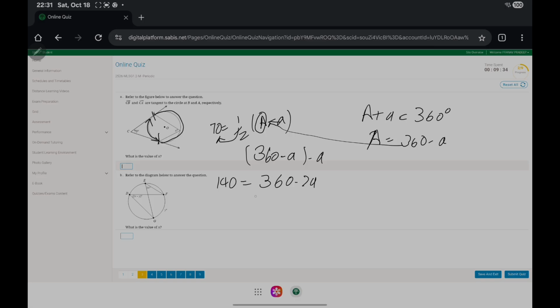Now negative 360 plus 140 equals negative 2A. So negative 220, divided by negative 2, equals A, gives you 110.